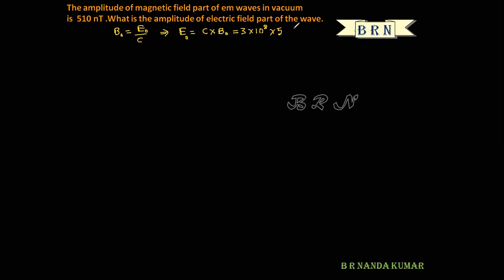So 510 × 3 is 1530, times 10^-9 × 10^8, which is 10^-1. So 1530 × 10^-1 is 153. The unit is newton per coulomb. This is the amplitude of the electric field part of the wave.